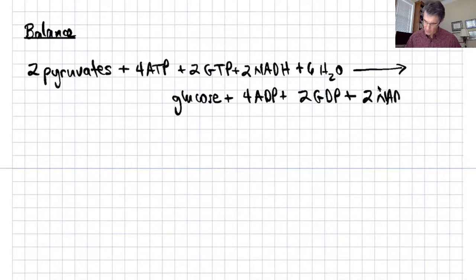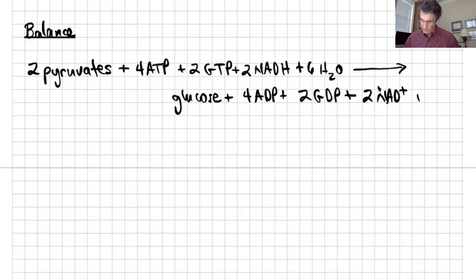And remember, each of those NADHs was worth 3 ATP each. So that's another 6 ATP, essentially, that we burned, plus 6 inorganic phosphate, and 2 protons.